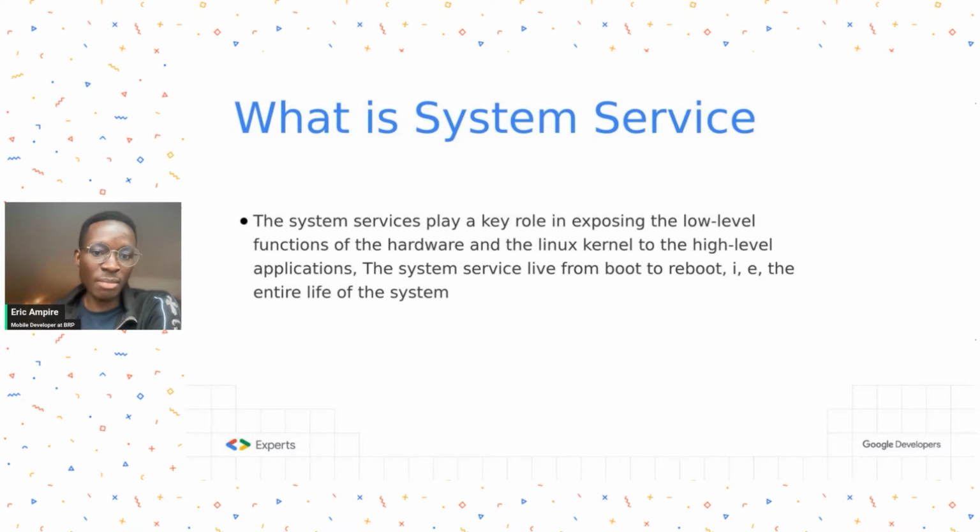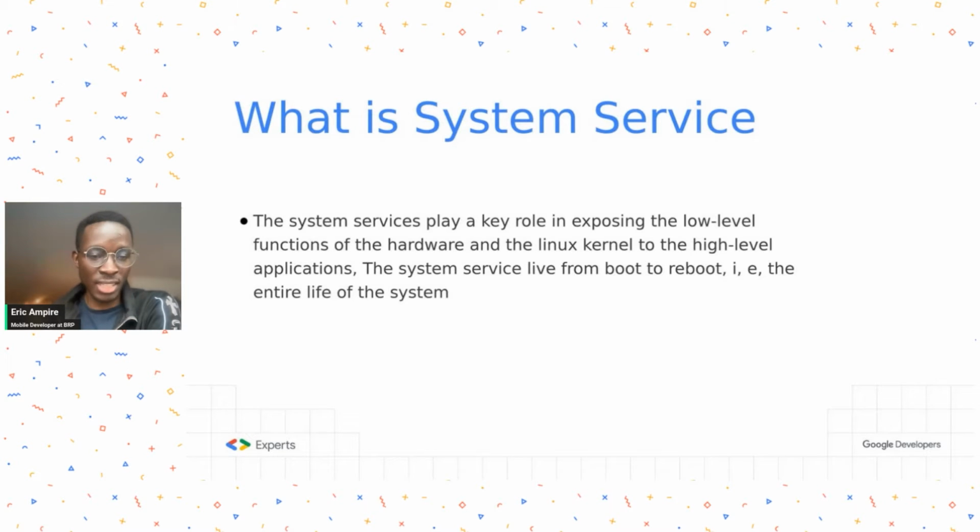So basically, a system service plays a key role in exposing the low-level functions of the hardware, for example in the Linux kernel, to the high level. It's basically the thing that I have just explained. For example, you can be in a situation where you are dealing with a particular device that has non-standard hardware that is not common for a normal device.